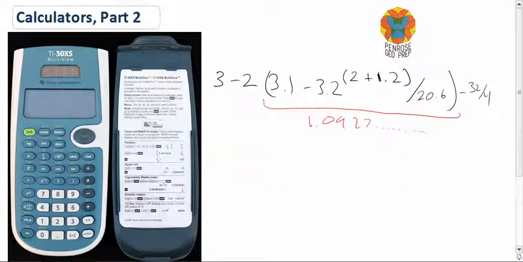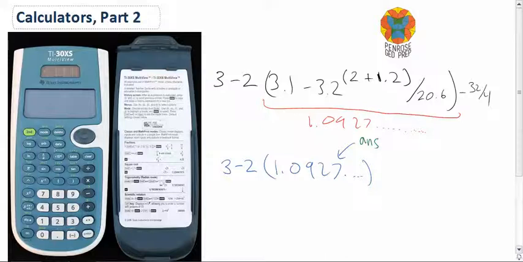Now, this is much simpler. What we now have to calculate is 3 minus 2 times 1.0927 something. And remember, this right now is going to come up when we hit answer. And so we don't have to actually write down all of the digits, all of the decimal places.